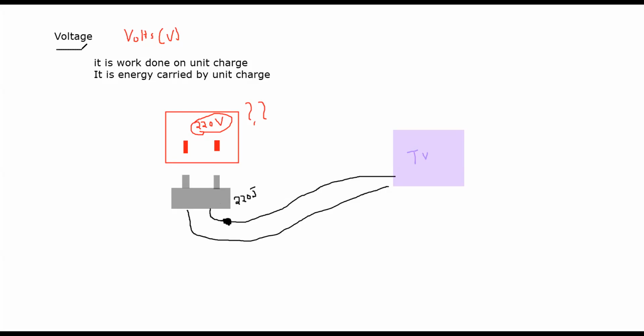That is known as voltage or volts. So the meaning of voltage is the energy which 1 coulomb of charge carries. When it enters, it transfers its energy to the television and the television will work.